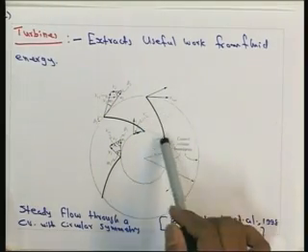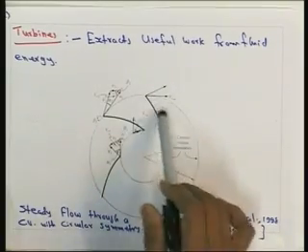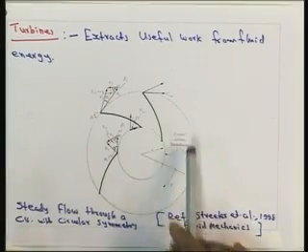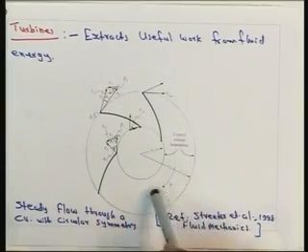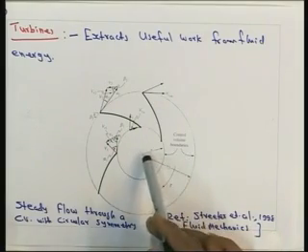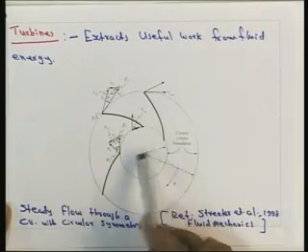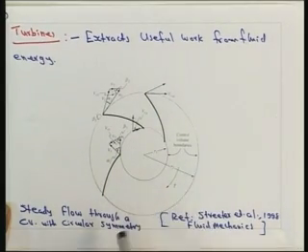Various blades are located like this, and we are considering the control volume boundaries like this. This is one boundary, this is the second boundary, and from the center line of the axle, R1 is the distance to the internal boundary, R2 is the distance to the external boundary.